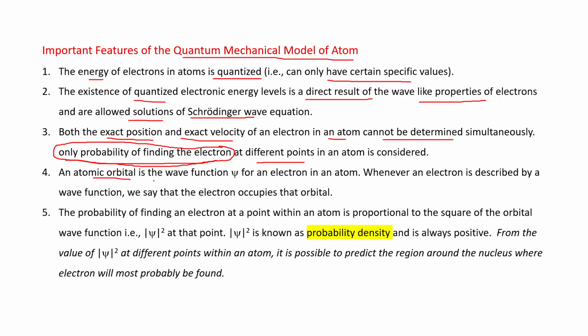An atomic orbital is the wave function ψ for an electron in an atom. Whenever an electron is described by a wave function, we say that the electron occupies that orbital.